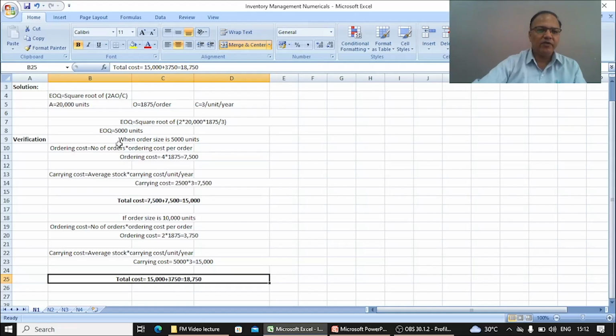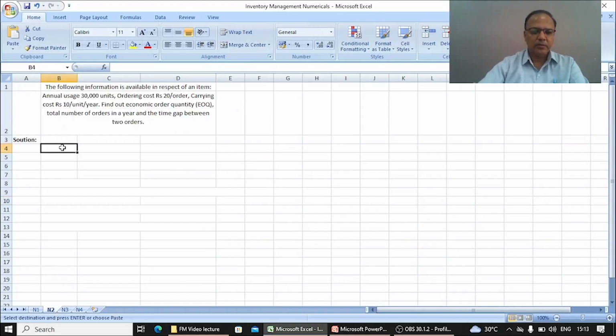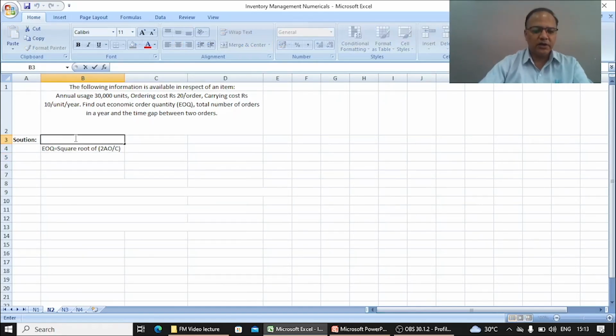Here we have a formula of EOQ is equal to square root of 2AO upon C. Here A is equal to 30,000 units.